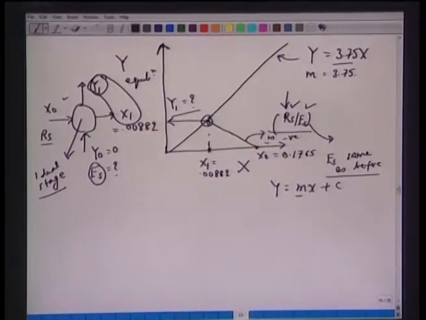Now, let us get to the second part of the problem, where it says we have taken 3 stages. So now we have one stage, 2 entering streams, 2 exit streams. We bring it in contact with the second stage. In the second stage, again we add a fresh solvent. Again you treat it as an ideal stage, the 2 exit streams are in equilibrium.